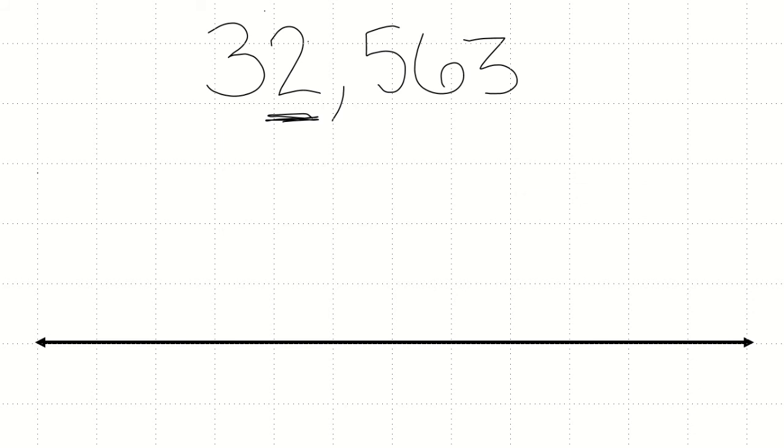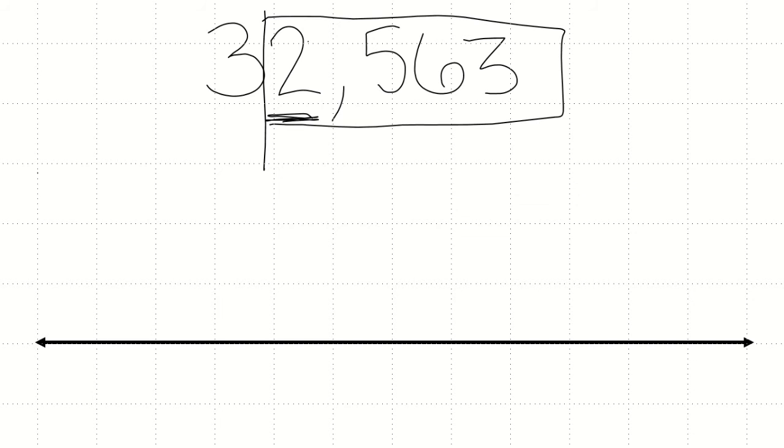And I might even separate it from the digits in front of it so that I'm really thinking about this number right here. Now, the 30,000 stays there. Remember we talked about expanded form? If I broke or decomposed this number apart, I would have 30,000.